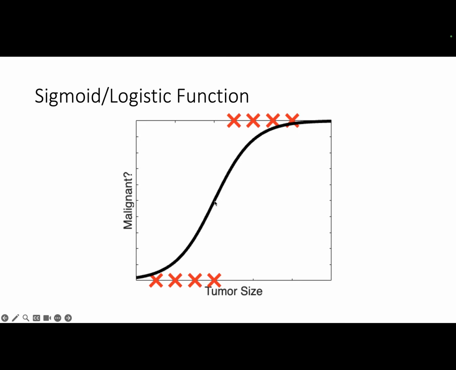But remember, if it's less than 0.5, it will output y equals 0. So, it will automatically tell you that y equals 0. If it's greater than 0.5, for example, the tumor size is this and it's greater than 0.5, then it will give you an output of 1. Okay, so you can see that the sigmoid logistic function is well suited for classification.